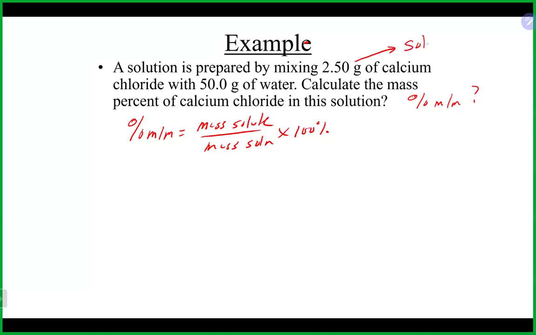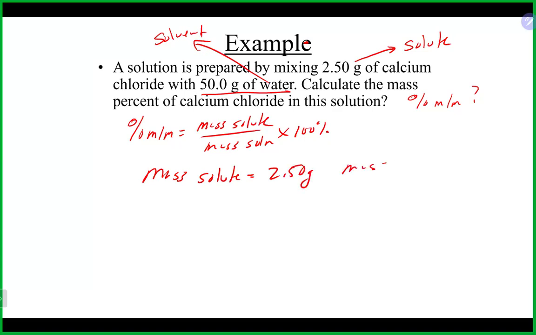That would be our solute, the smaller part of the solution. Water would be our solvent. So the mass of our solute is 2.5 grams, and the mass of the solvent is 50 grams of our water.